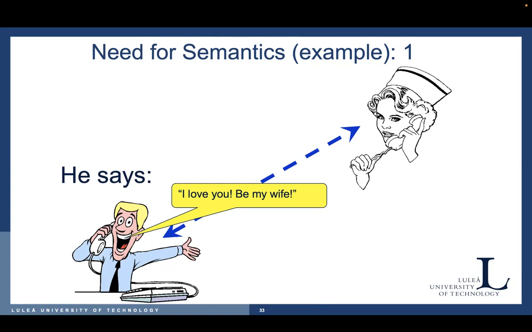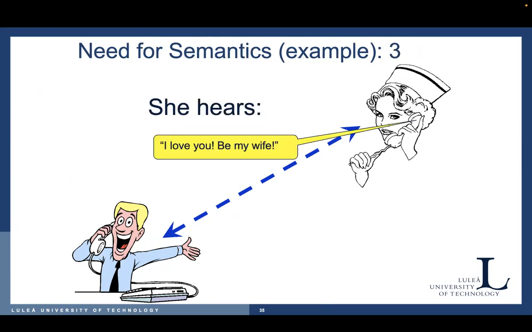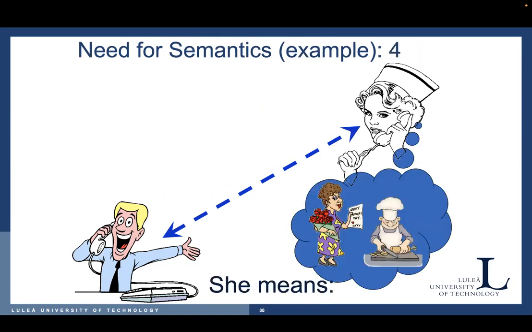Say verbally we say we love you, while we load this specific message with one meaning. The exact same message for a different person can mean something else, and that's very obvious. So the messages can be the same, but the meaning can be completely different, right?